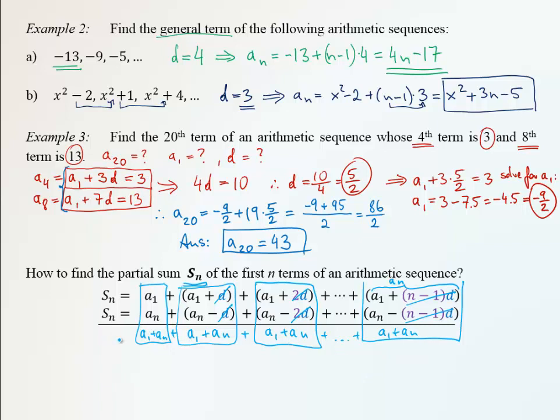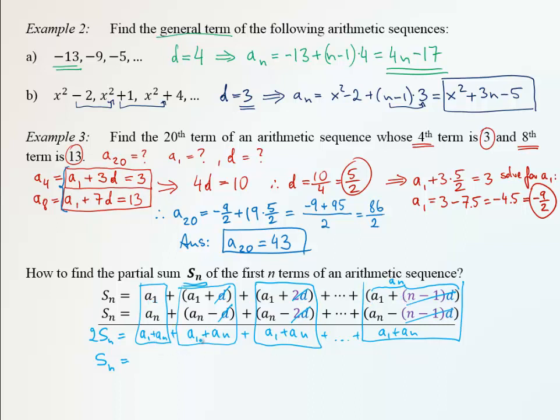Why is this useful? Well, because then we have two sums on this side, and we can solve this equation for a single sum Sn. If we count how many columns we have here, this is the first term, this is the nth term, so we really have n columns.